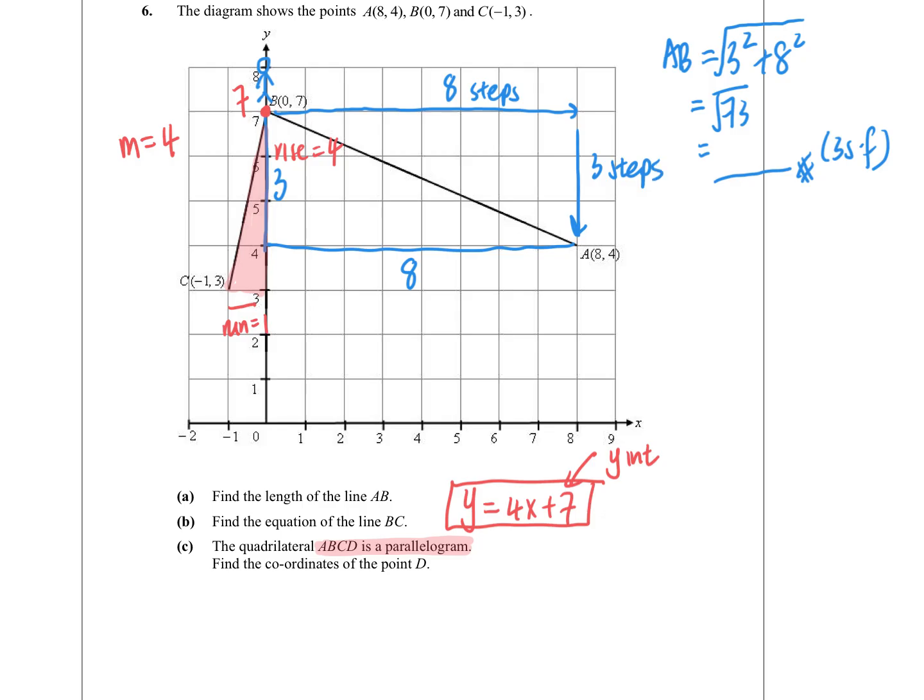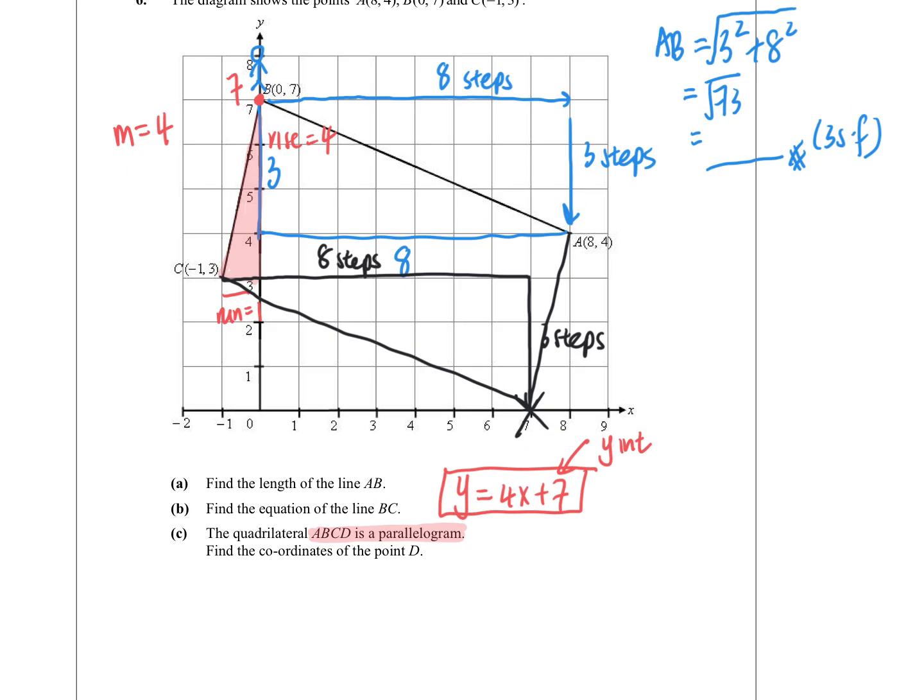So for C to move to D, it will be the same thing: 8 steps, and then 3 steps downwards to get to point D. So D is just this point over here. So actually your parallelogram is out. This one usually there's only 1 mark. There's no need for formula to find D. But I always have students who find equation, find intercept, and use a lot of time to find 1 mark.